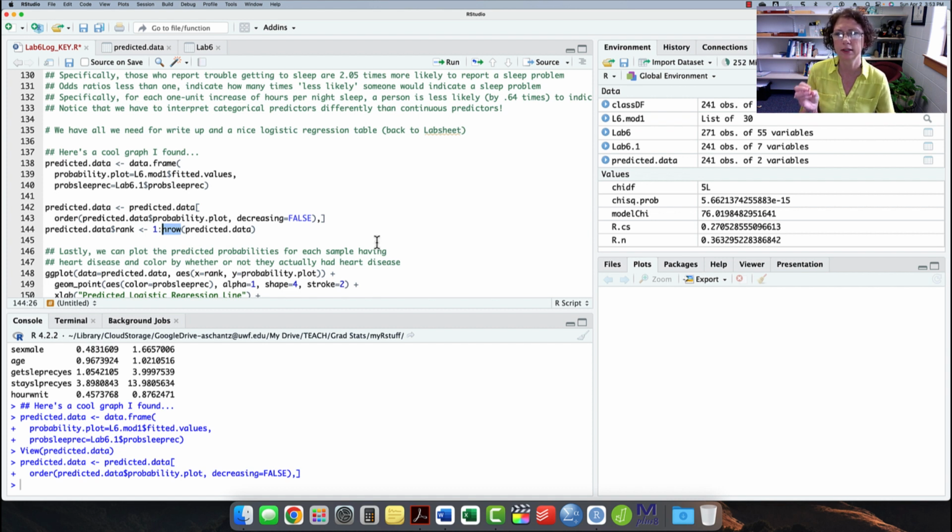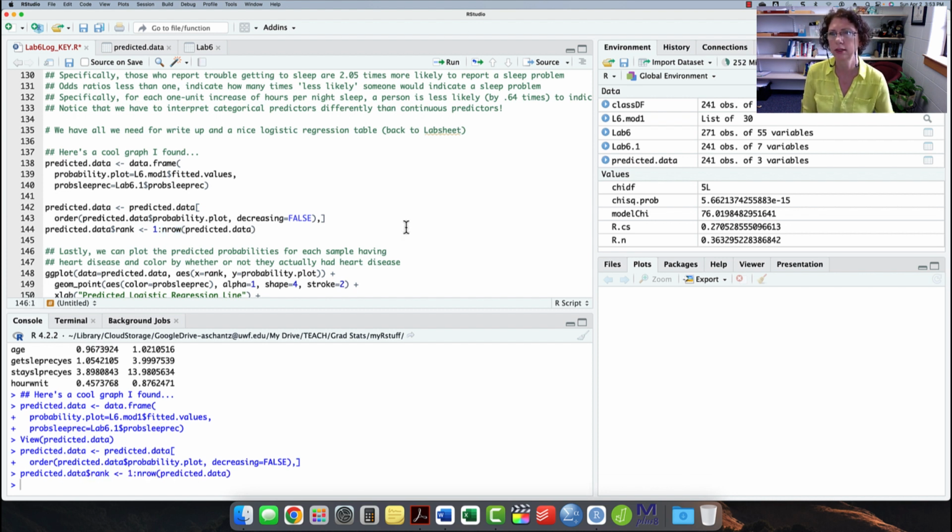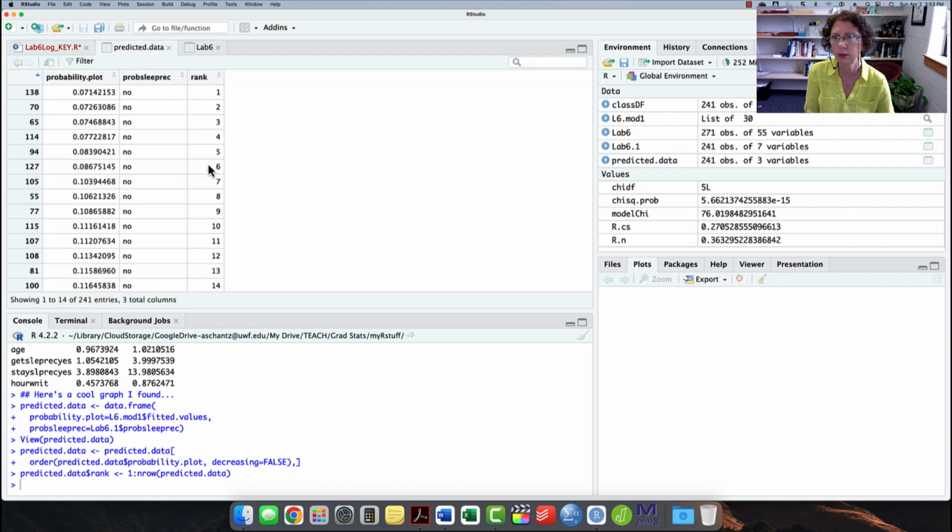But it's specific because we already ordered the data, so it's going from lowest to highest before putting on this rank number. So I'm going to run this. And now in the predicted data, we have a new variable called rank, and it just goes right up to 241.